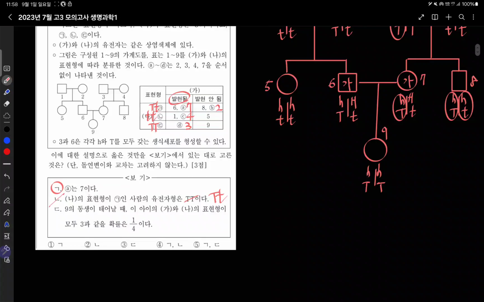And for the brother of individual number 9, if individual number 6 and 7 make another child, we can make this Punnett square.